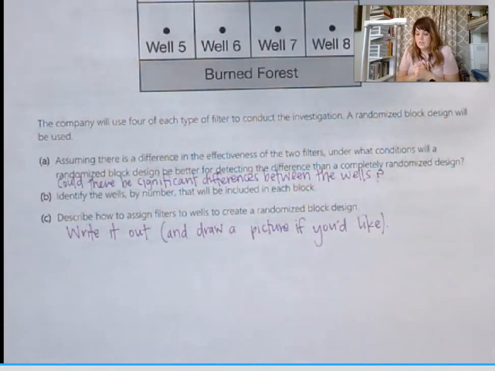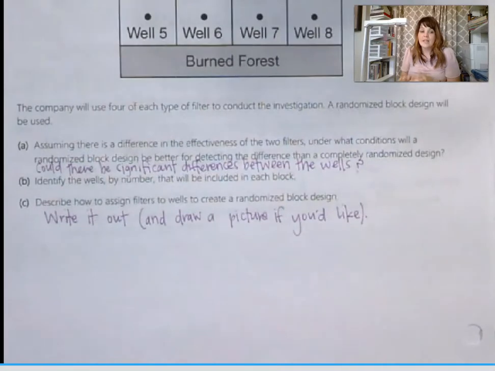C, describe how to assign the filters to wells to create a randomized block design. Write it out. Draw a picture if you'd like to go with your written response, but you need to write it out. I was kind of shooketh by how many of you just drew a picture on your practice exam, because you had plenty of time to write out the process.